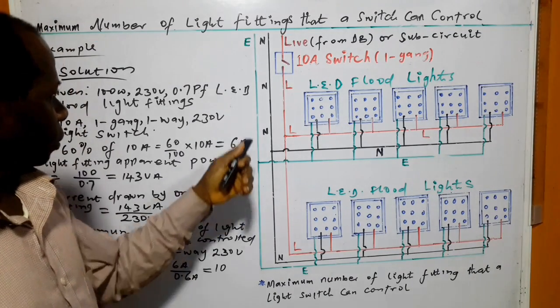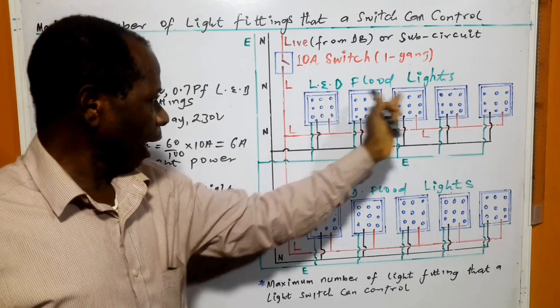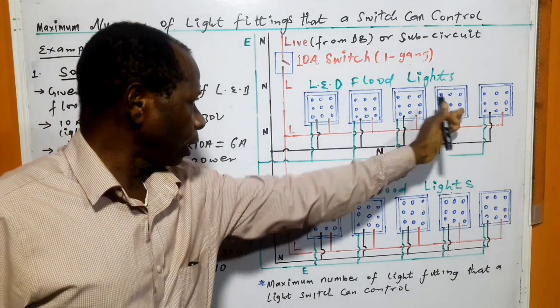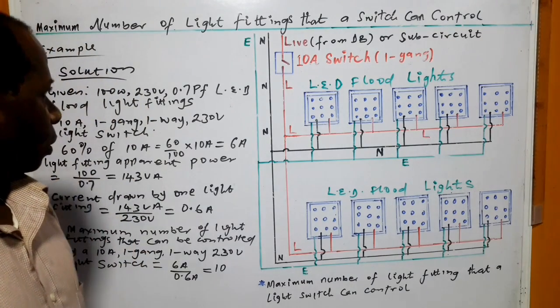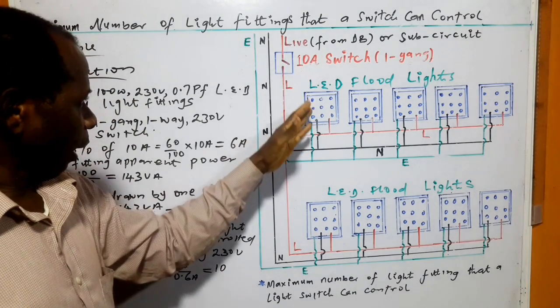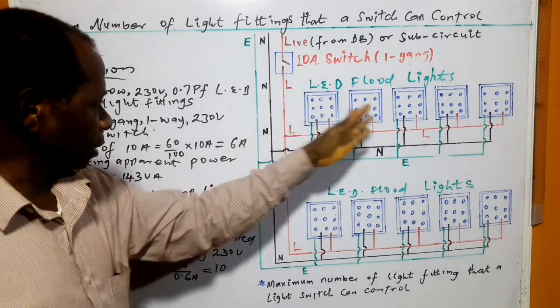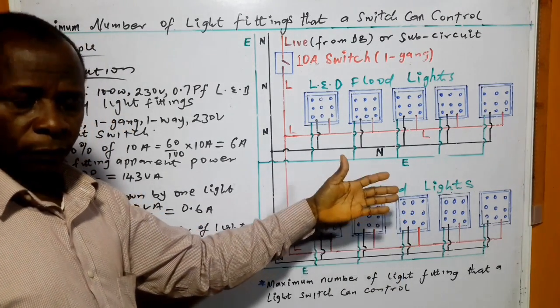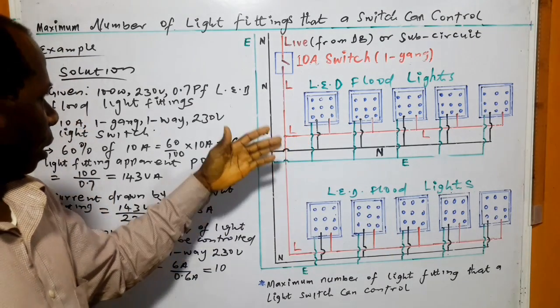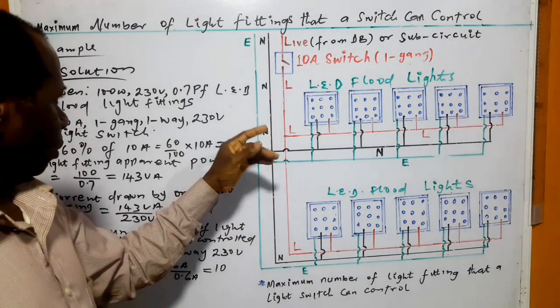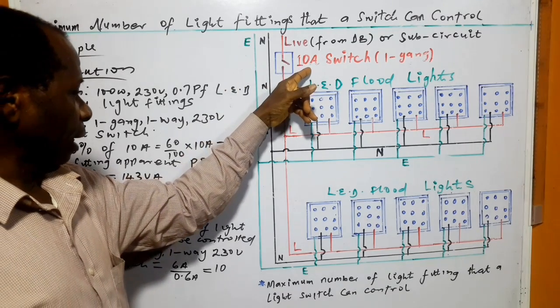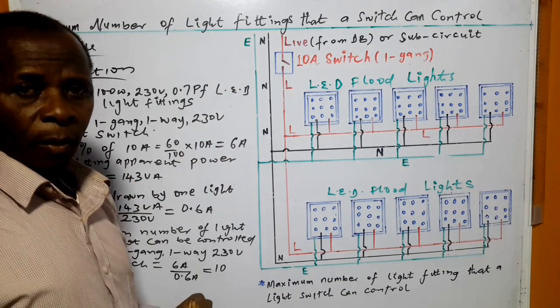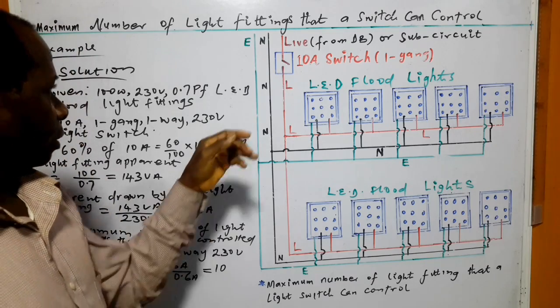So these are the light emitting diode floodlights. Okay. So according to the calculation here, a total of 10 such LED floodlight fittings will be controlled by one 10 amp, one gang, one way, 230-volt switch.